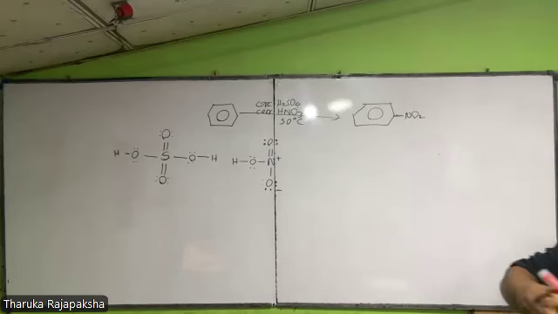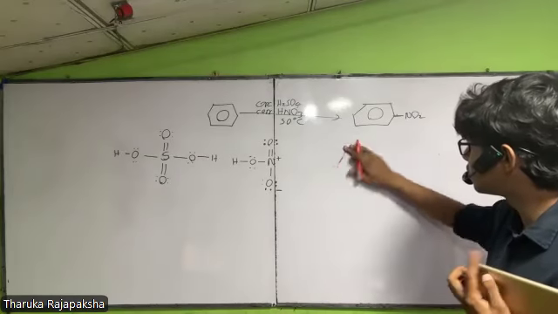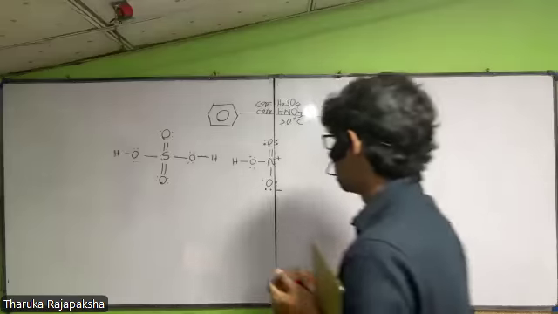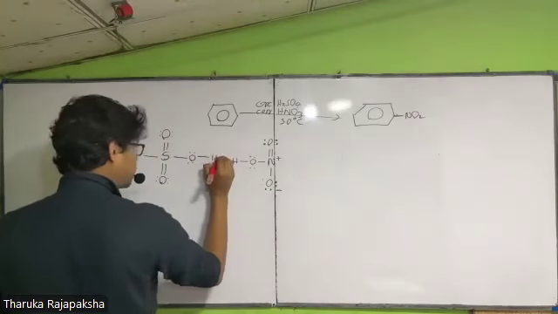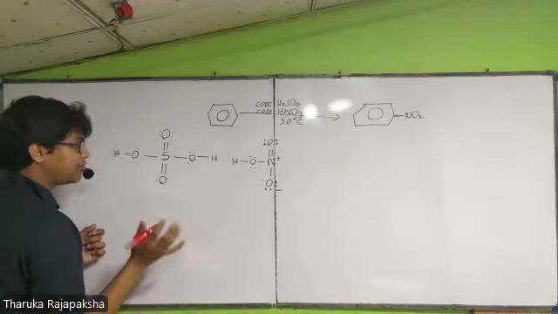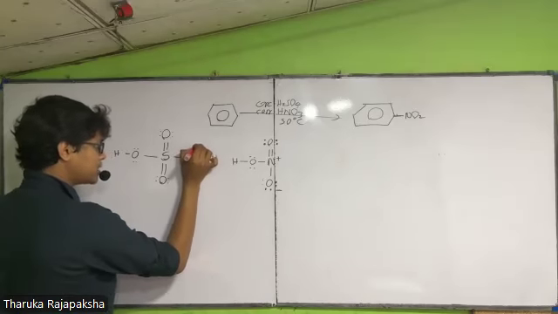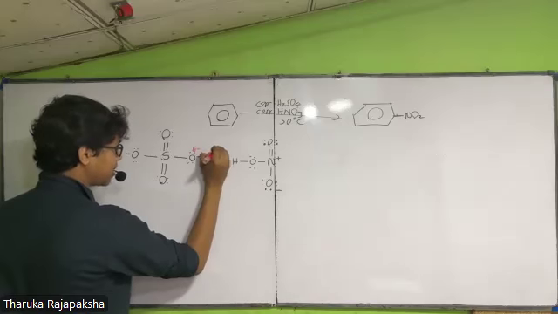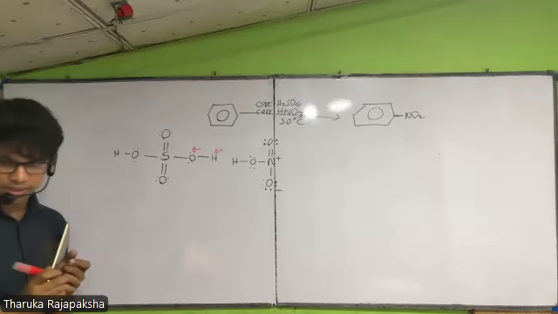The red color. This hydrogen and this oxygen do something weird. Oxygen pulls the electrons of hydrogen, so it has a delta minus charge. This hydrogen has a delta positive charge.